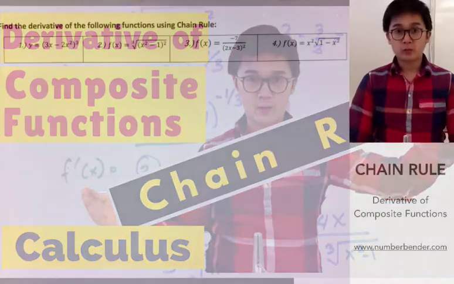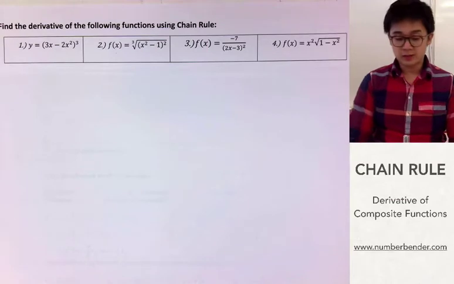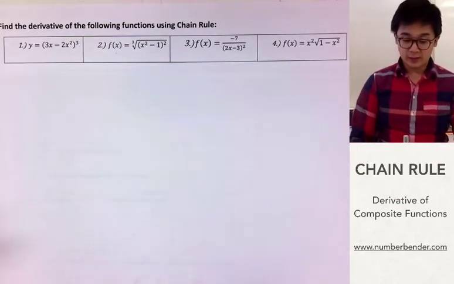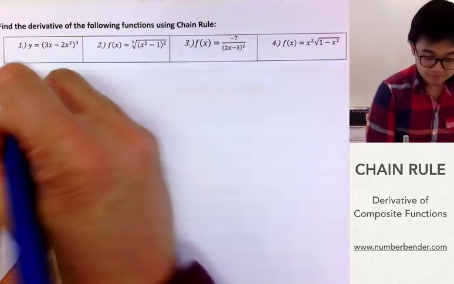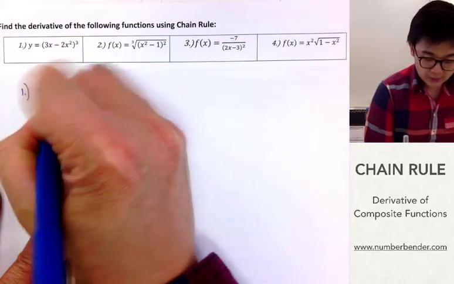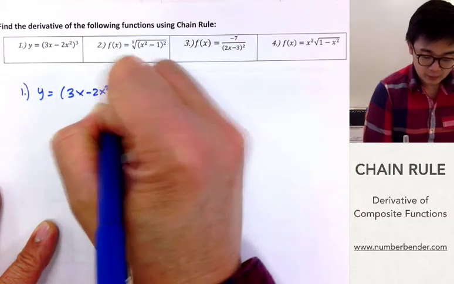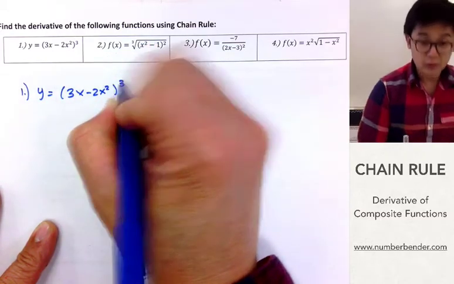We'll use the chain rule in finding the derivatives of these functions, or composite functions, that we have here right now. On the first problem, we have y equals 3x minus 2x squared, raised to the third power.